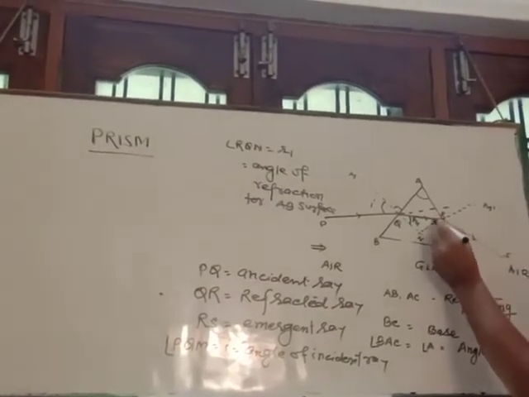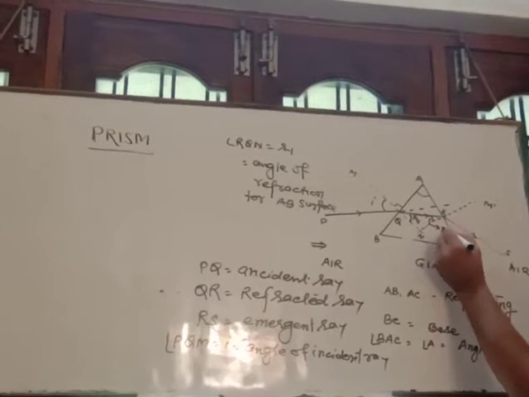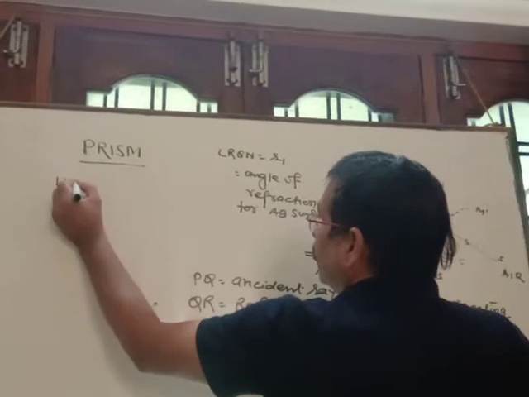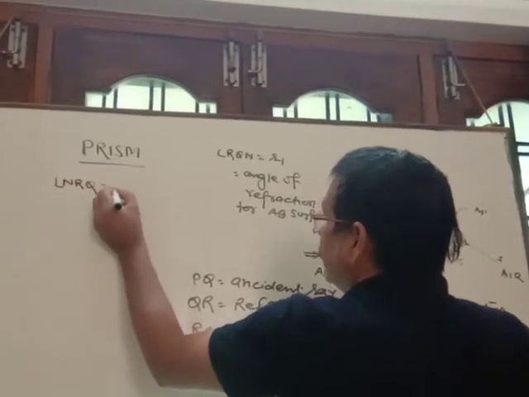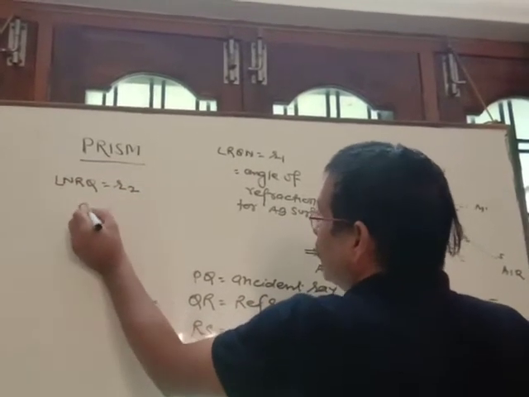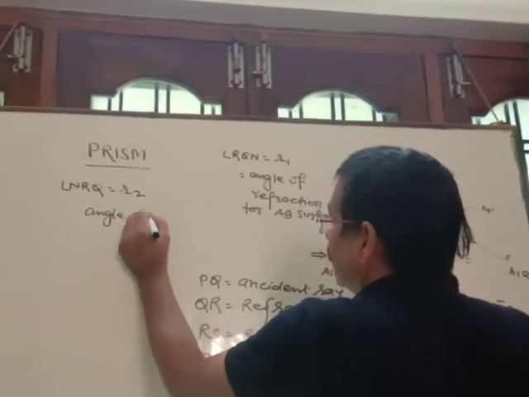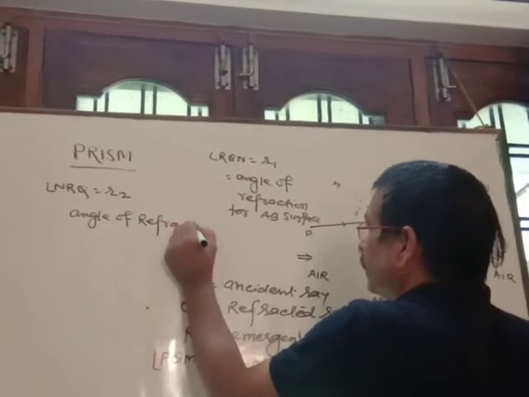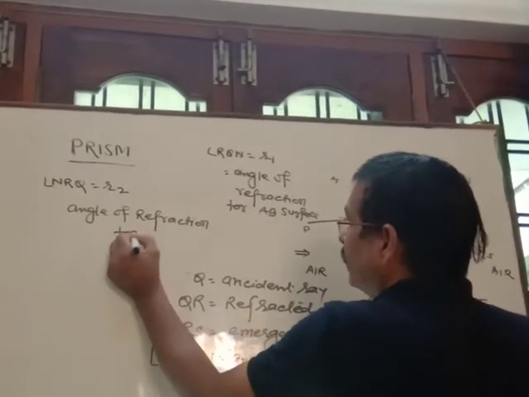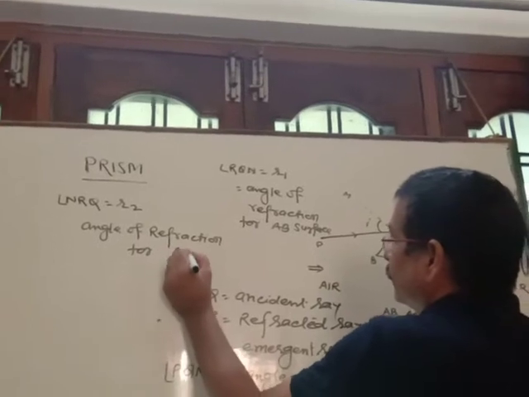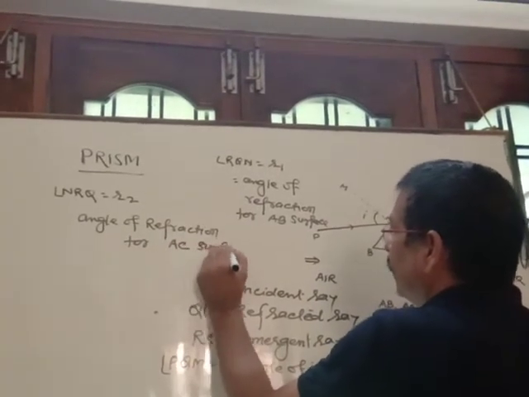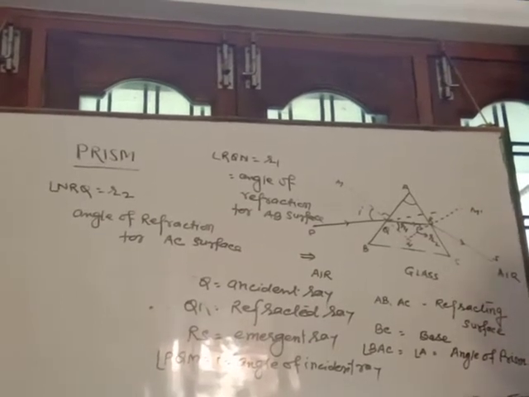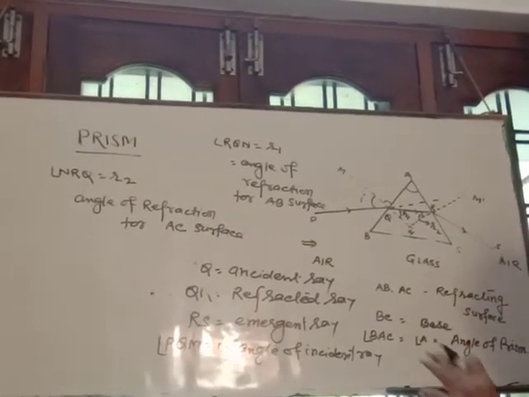Here this angle NRQ is denoted by R2. It is the angle of refraction for the AC surface. Actually, for AC it is supposed to be an angle of incidence, but as a whole it is called the angle of refraction for the AC surface.